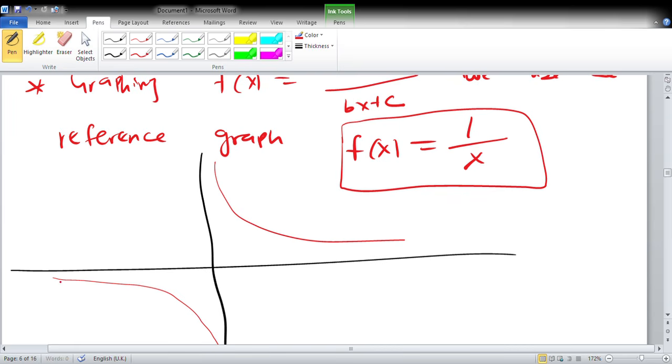You can see that these curves are getting attracted to the x-axis on this side, and also to the y-axis.